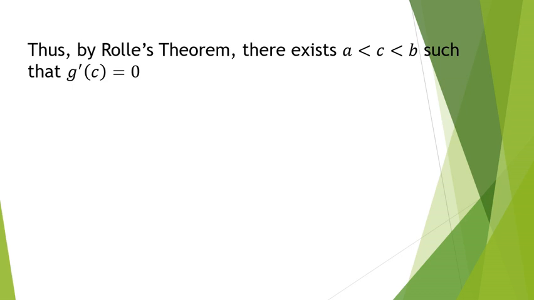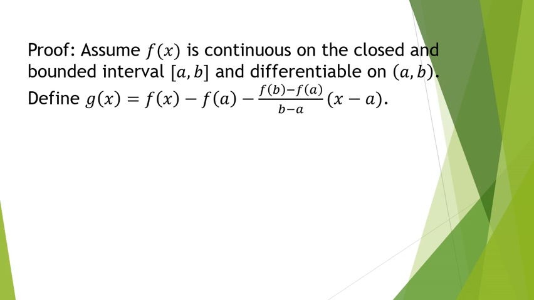Now, if we just go back to the statement of g of x, we need to differentiate g of x and then plug in c. Well, if I differentiate g of x here, the derivative of f of x is just f prime of x.